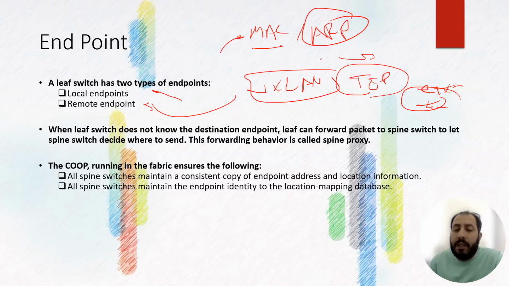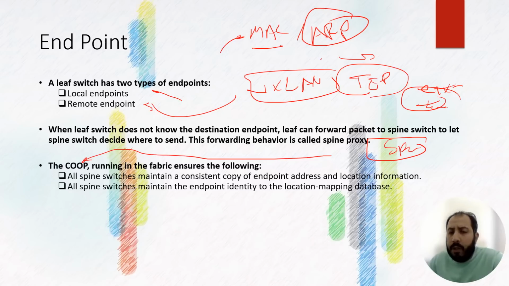Okay, what if my leaf does not know exactly the location of the endpoint itself? It will consult the spine, and we have mentioned earlier that the spine is using a protocol called COOP, the Council of Oracle Protocol.